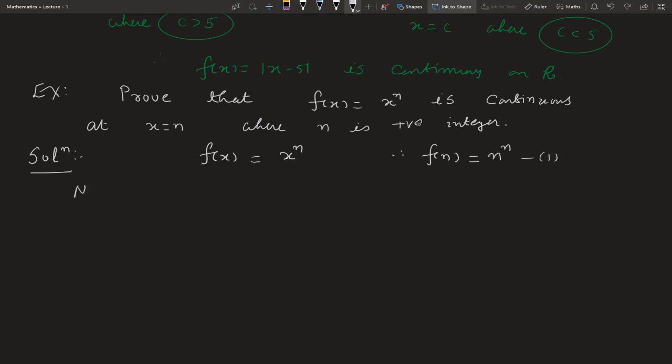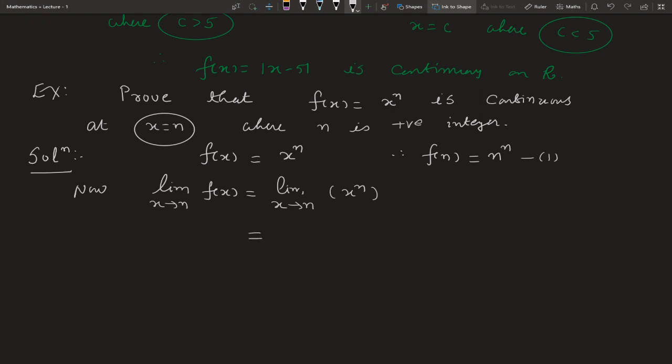Now to check continuity at x equal to n, we have to evaluate limit as x tends to n of f of x. So this is limit as x tends to n of x raised to n.